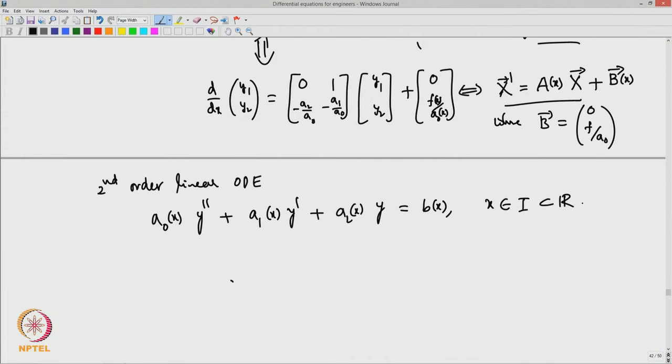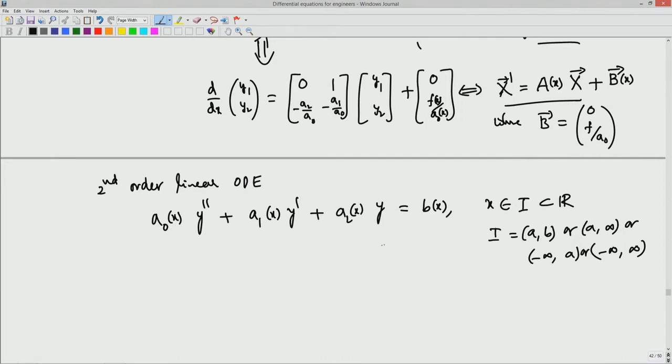I can be either a finite interval or a semi-infinite interval. So, I can be equal to the open interval (a, b), or (a, infinity), or (minus infinity, a), or (minus infinity, infinity), which is the full R. So, this is how I can be.